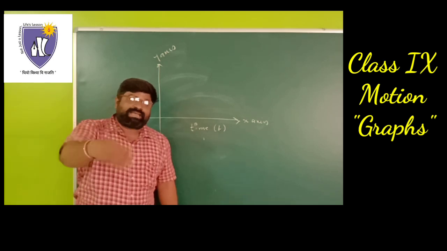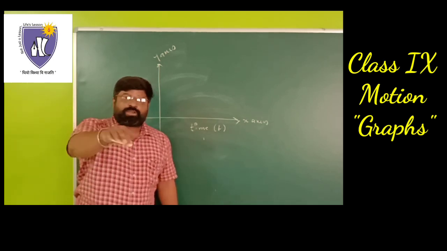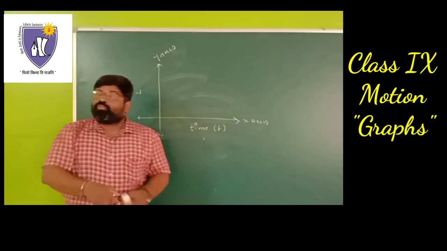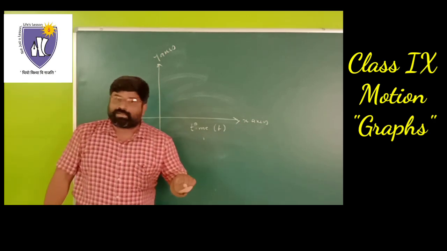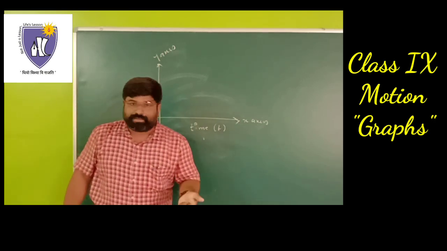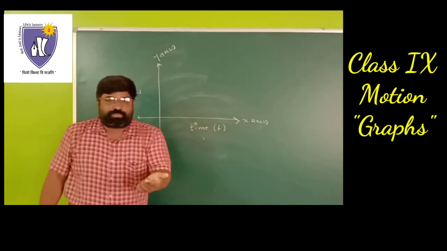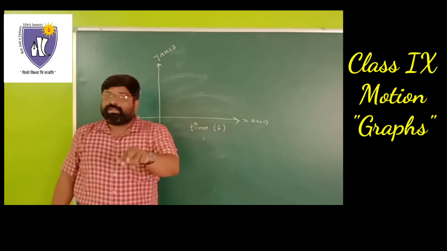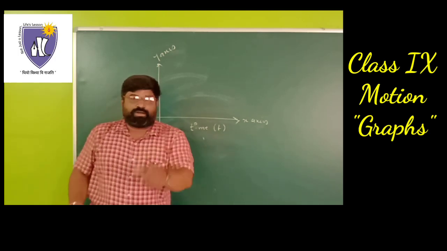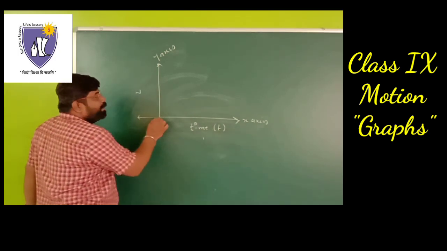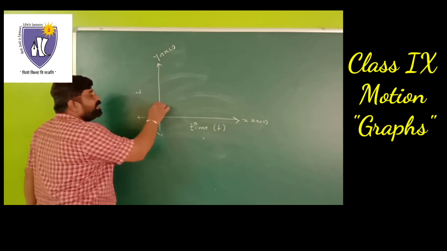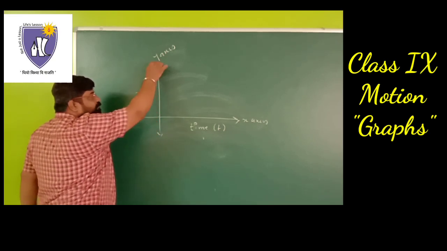What is accelerated motion? If you remember, I explained to you what the work of an accelerator is. It changes the speed. I will not say it increases or decreases the speed. It changes the speed because it does both. Now, if the speed is changing, that means on this axis I have different speeds.